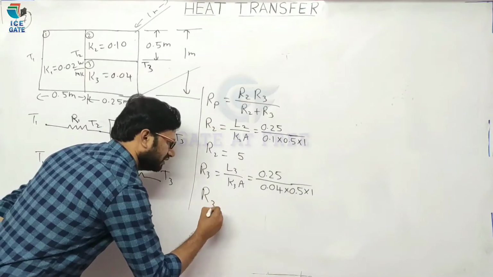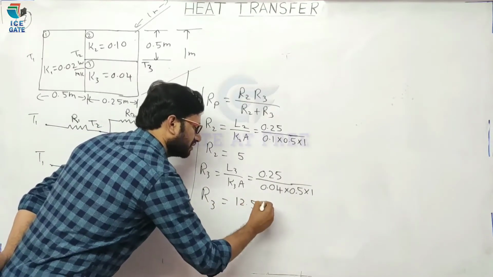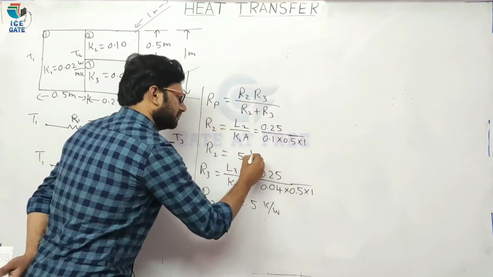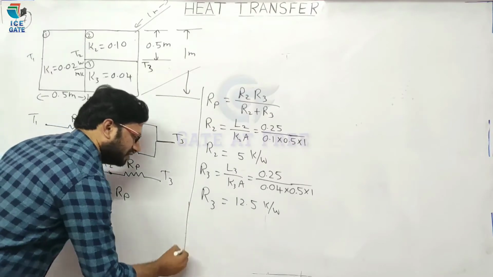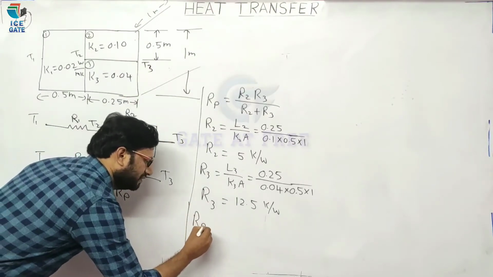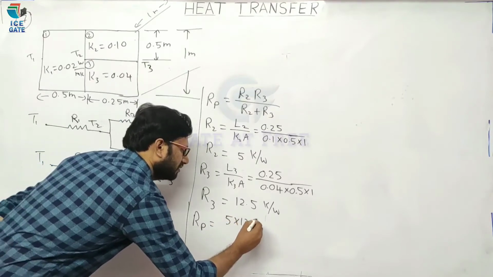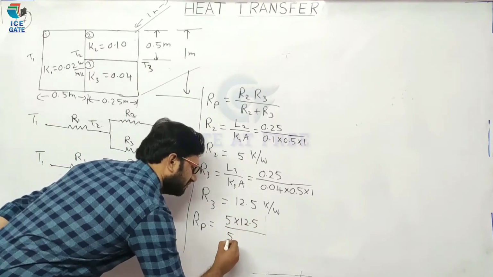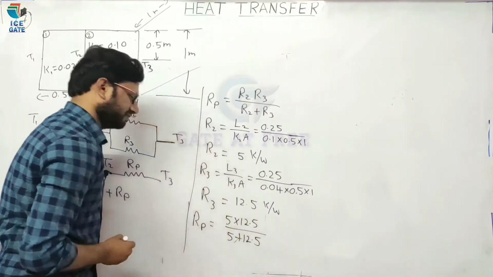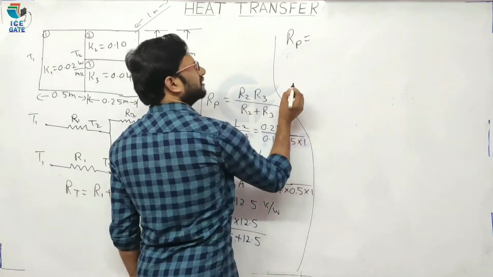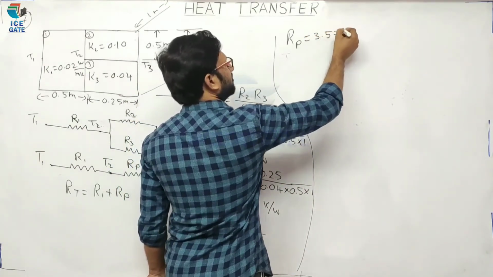Therefore, R3 is equal to 12.5 Kelvin per watt. Now find out Rp. Rp is equal to 5 into 12.5 divided by 5 plus 12.5. Therefore, the Rp value is 3.571.